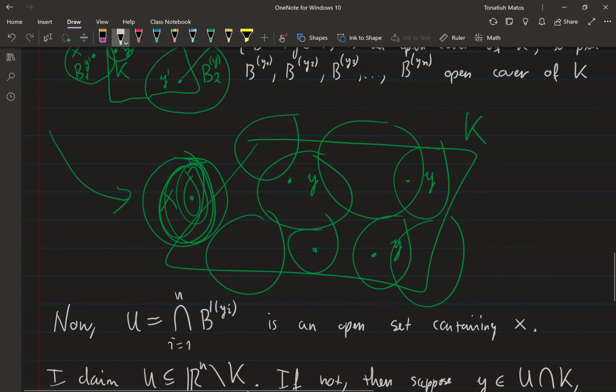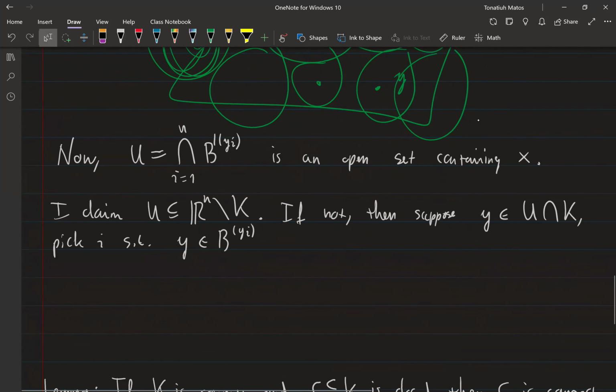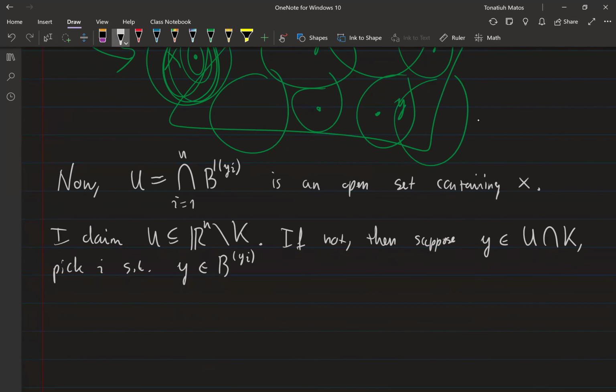But recall that this is an open cover. Let me underline this. So this finite amount is an open cover of K. If it's a cover of K, then one of them must contain this element Y because it's just a point of K. So it must be in some of them, right? In at least one of them. So let's say it's in this one. But B yi is disjoint from B prime yi because that's how I picked them, right? I picked all of these balls with the same point to be disjoint.